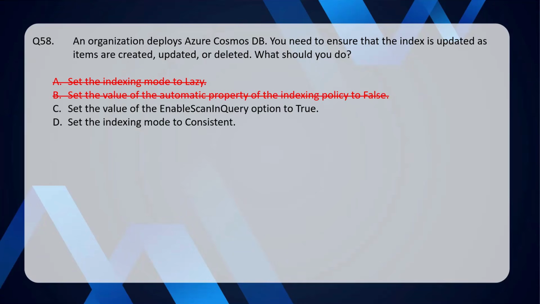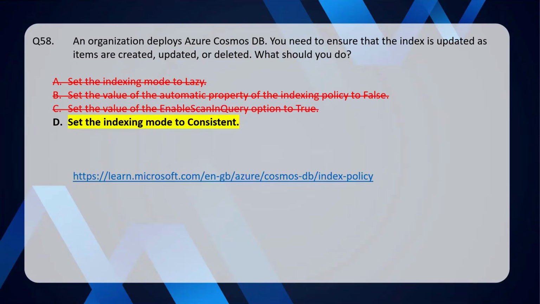Setting the enable scan in query value to true allows queries to scan data without indexes but does not update the index. Setting the indexing mode to consistent ensures the index is updated synchronously with create, update, delete operations. This guarantees queries always see up-to-date index data.